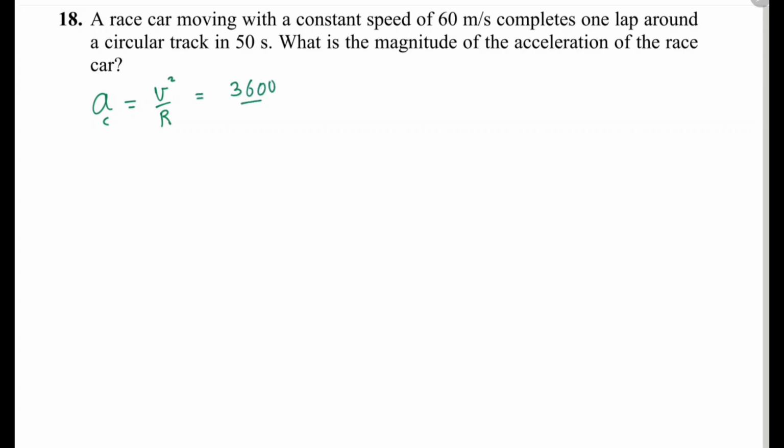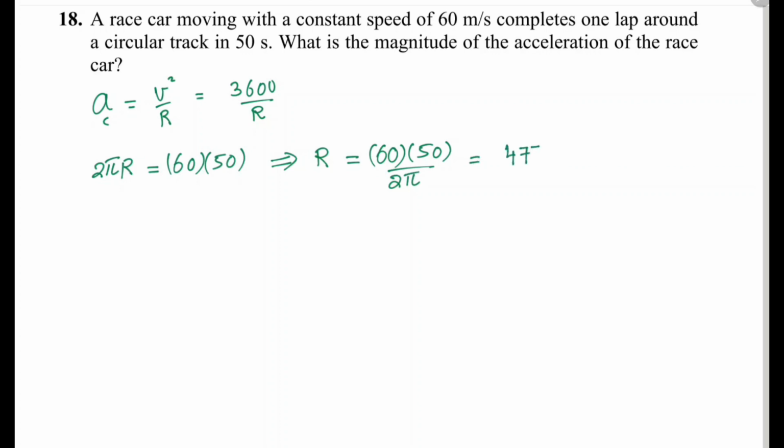3600 over r. Now 2 pi r, this is x here, equal to 60 times 50. In this way, r equals 60 times 50 divided by 2 pi, or 477.7 meters.